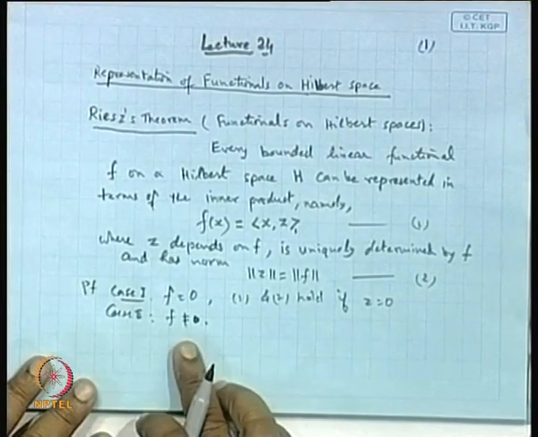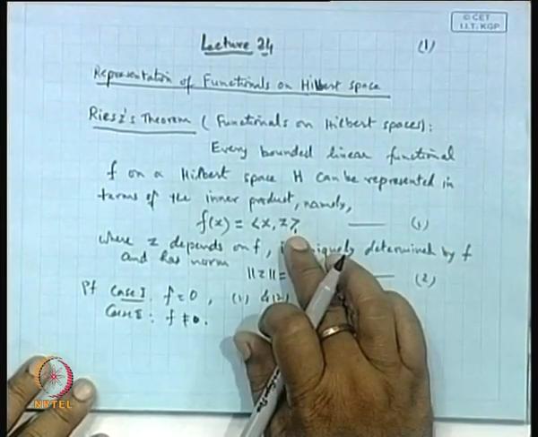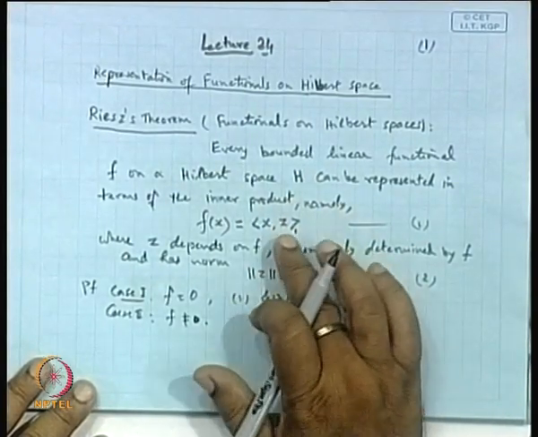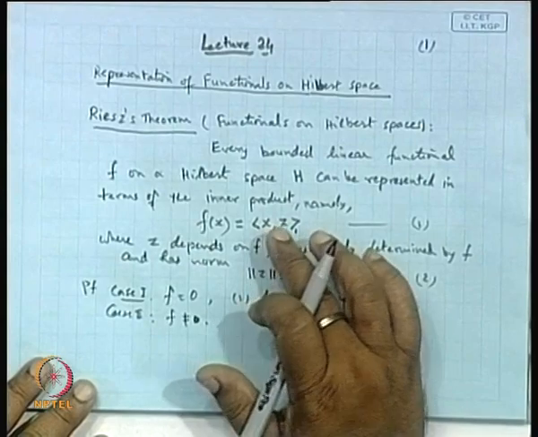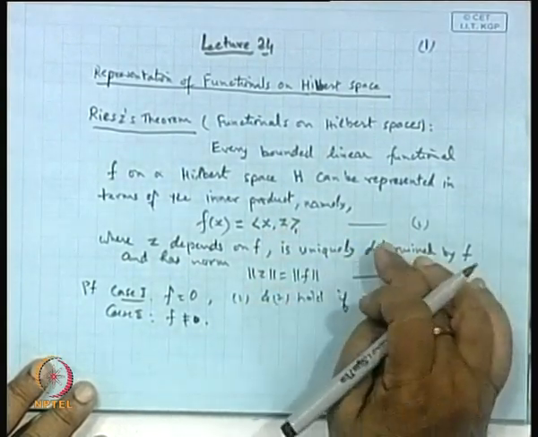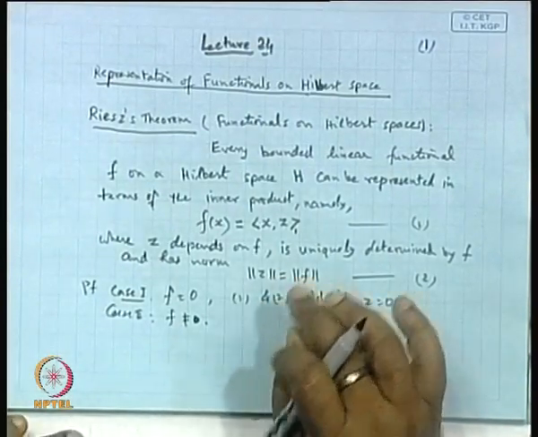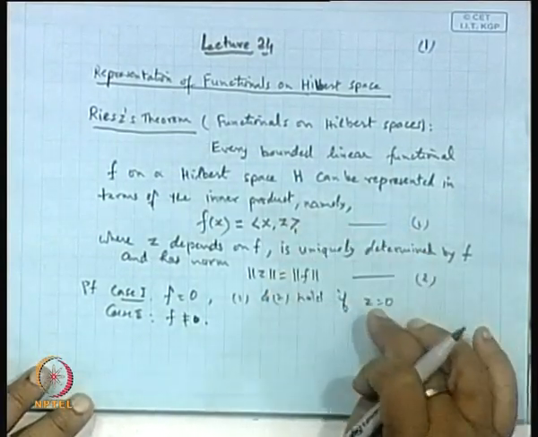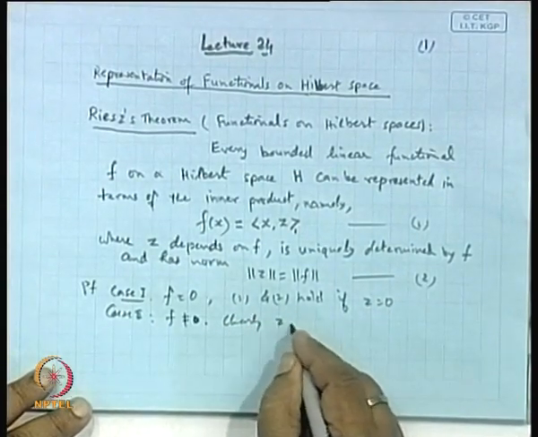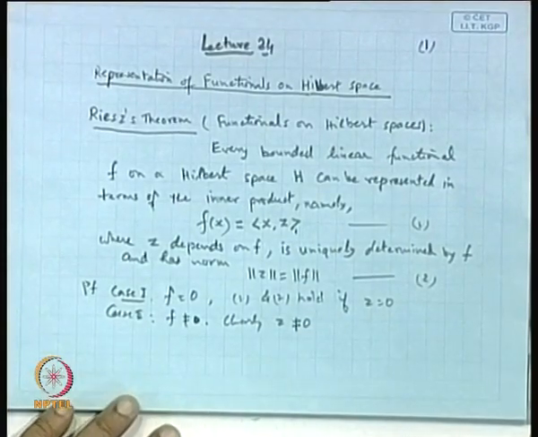Now, if f is non-zero and we want the representation of f(x) in this form, let us see what properties z must enjoy so that 1 and 2 are retained. Clearly, z cannot be 0. Why?